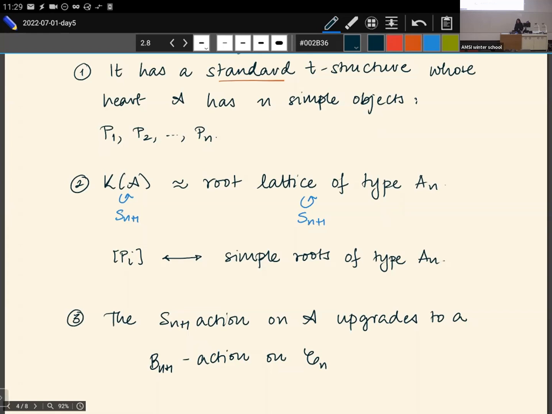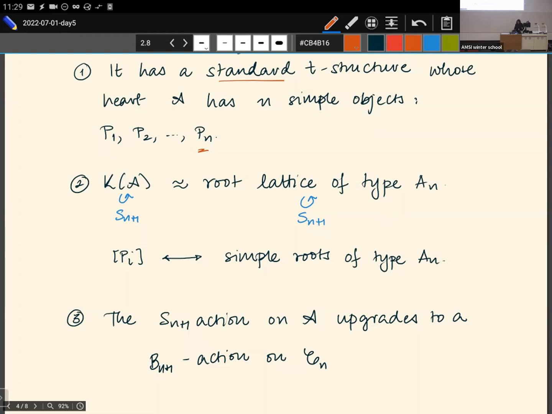And typically, this action will move around quite a bit, so it won't keep you within the heart A. So even if you start off with some easy objects such as Pn or P2 or P3, and you act by various braids, the braid group is huge, and it's going to take you out of A. So it'll produce quite complicated objects as you act. So these are the three things that I want to say about this category, in lieu of the definition, let me just say.